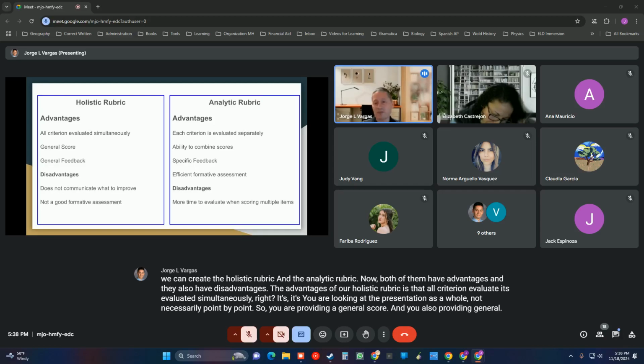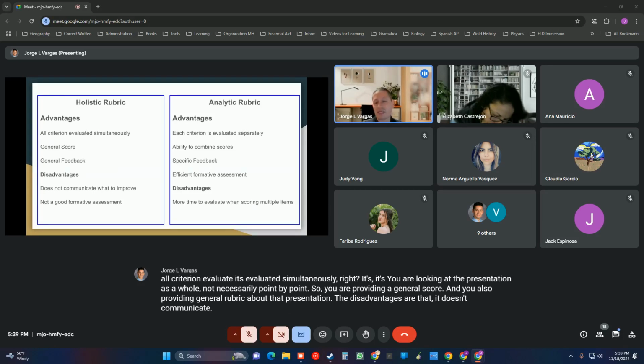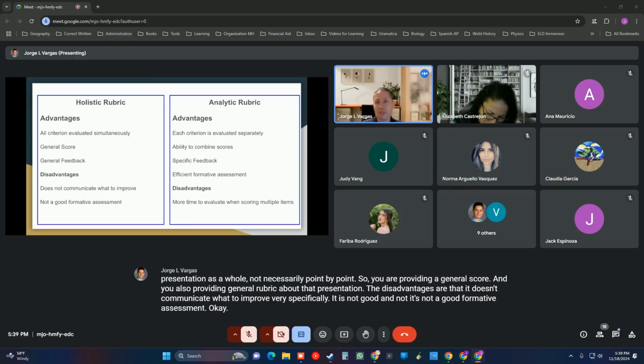The disadvantage is that it takes more time to evaluate using an analytic rubric, right? Because you are scoring multiple items. So it takes a little more time to do so. But both of them are valuable and both of them are handy depending on the type of assessment that you are evaluating. Okay, so on that, you will need to make a decision depending on, again, the assessment.